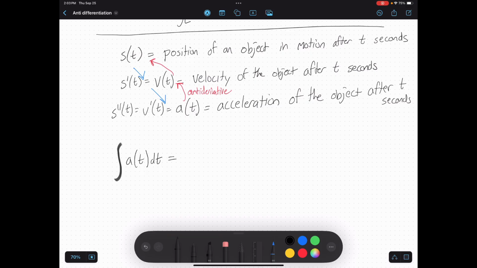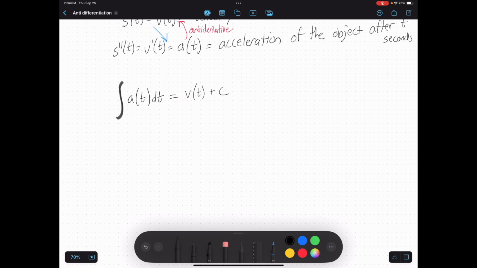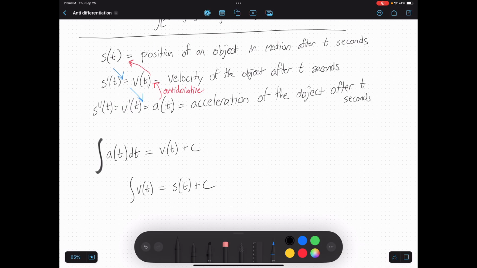What's my antiderivative? I get the velocity. I still would put a plus c though because I can still put whatever constant I want there and it would still count. And then if I take the antiderivative of the velocity, I get the position function because I'm moving in the opposite direction. So this concept is a great example of how an antiderivative is just the opposite of a derivative.